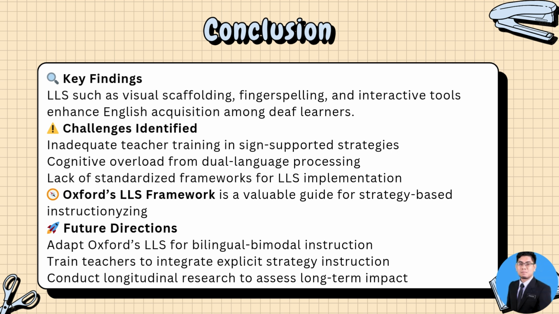Educators should be trained not only in sign language but also in how to explicitly teach LLS within sign-supported English instruction. Finally, we need longitudinal research to evaluate the sustained effects of these strategies on literacy and language development.